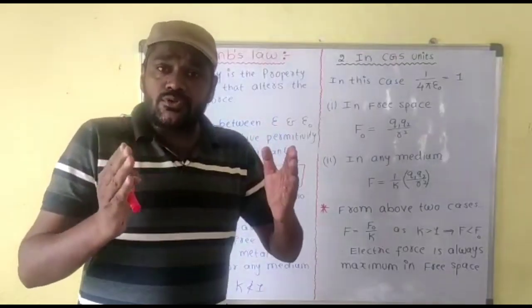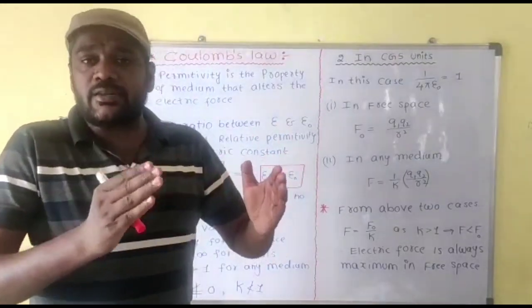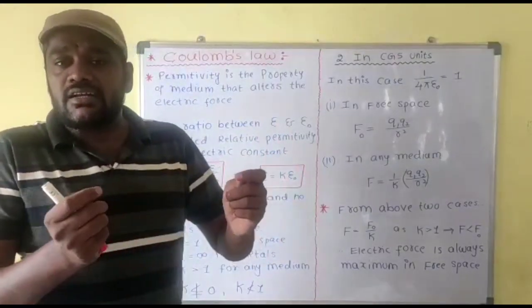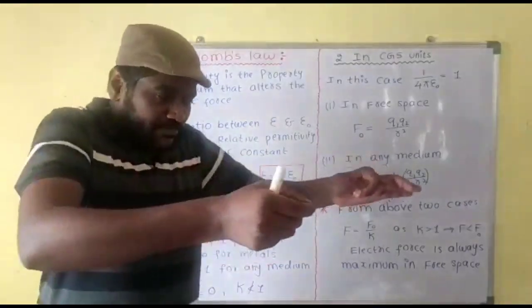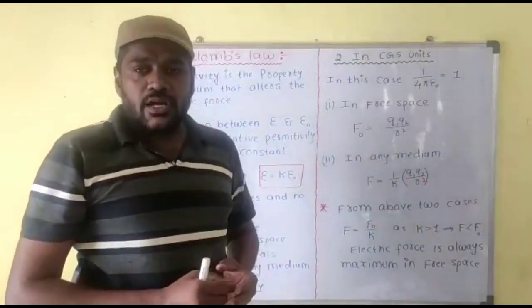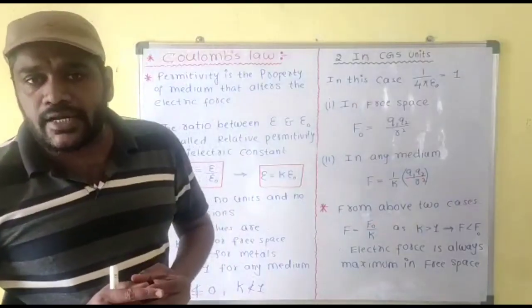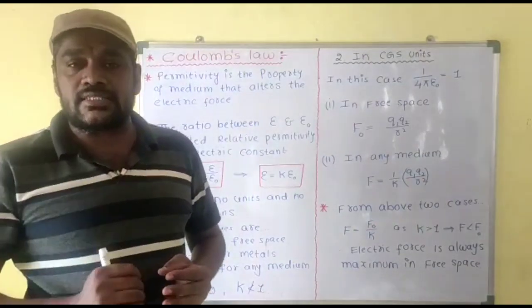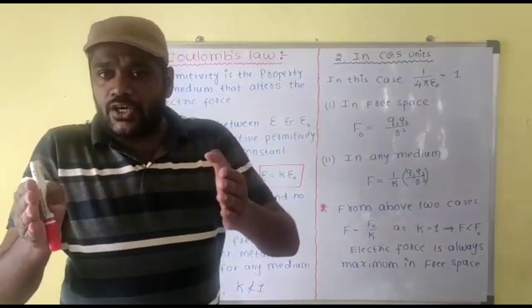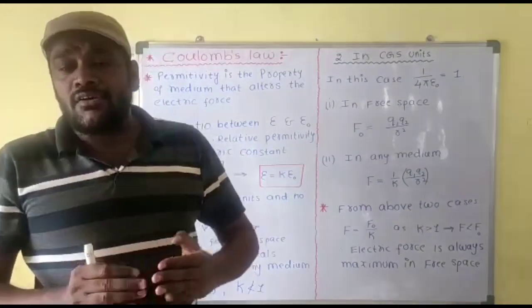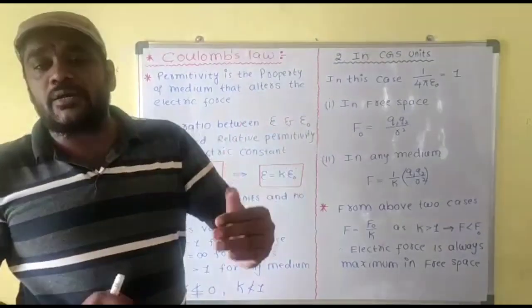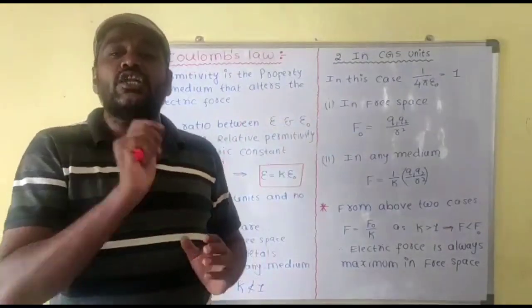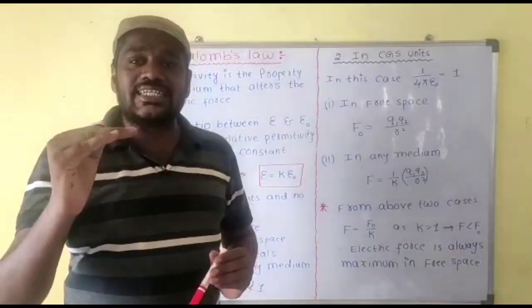Now take the same two charges, without changing their magnitudes or the distance between them, inside water. You can observe that the force decreases. When they are in vacuum, the force is 20 Newton. When they are kept in a medium, let us consider the force is 15 Newton, so 5 Newton is decreased.